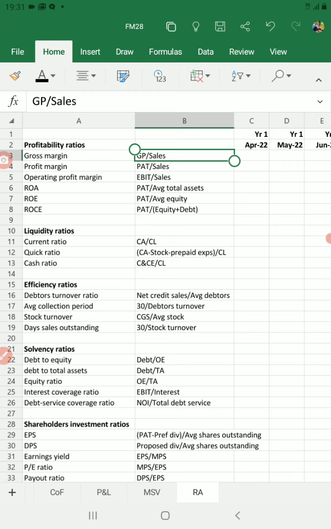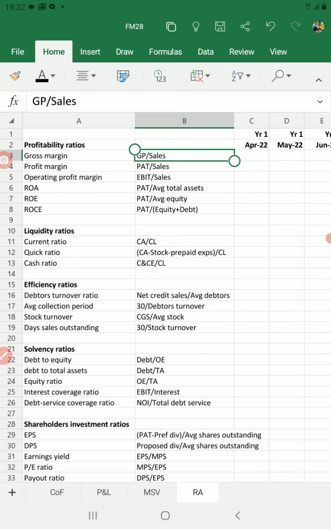So it measures the efficiency of turning sales into gross profit, okay? The higher the metric, the better, okay? That means you have higher capacity to turn your sales into gross profit.